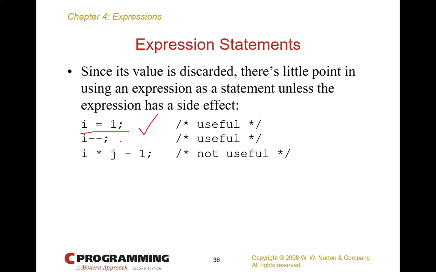I minus minus, this makes sense because at this point, I becomes 0. But if you say I times j minus 1 without any assignment, without saying is equal to maybe k, if you don't have something like this, then this entire expression is not meaningful. It would work, it would do the evaluation, but it would have no usefulness.